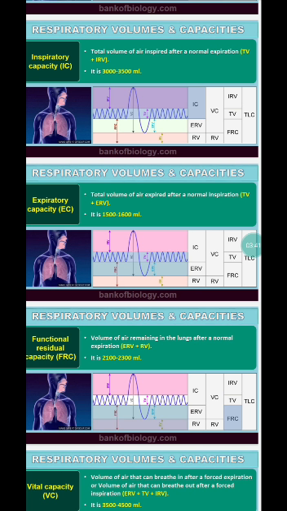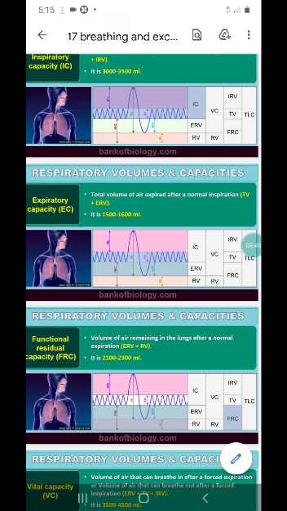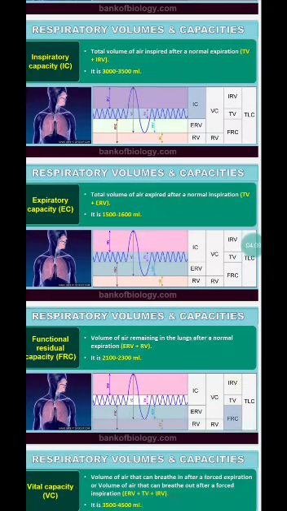When you expire normally and you just gulp in air, forcefully taking the air inside, that is called inspiratory capacity. In the same way, expiratory capacity is the total volume of air expired after a normal inspiration. After normal expiration, how much air you can take in is the inspiratory capacity. After a normal inspiration, how much air you can give out is called the expiratory capacity.